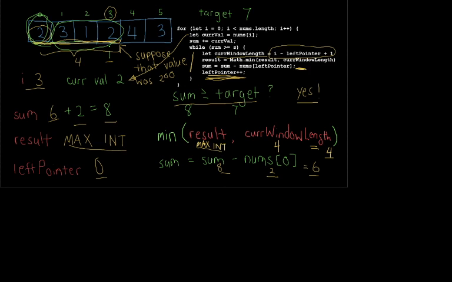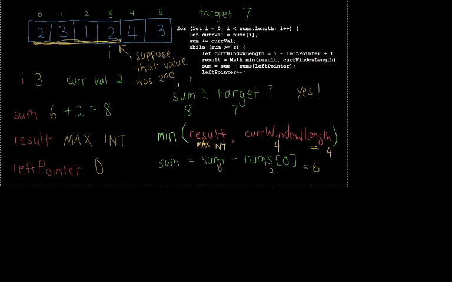Because what you really want to think about is, suppose that the most recent value you add here is really large, like 200, then you wouldn't need anything in front of it. You're always going to be larger than the target right here. And so that's why you slide the window. And that's the really important part that you want to understand in this question.